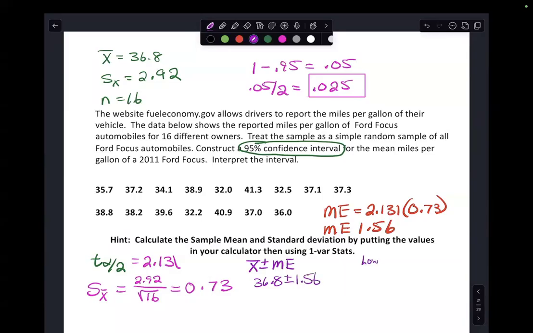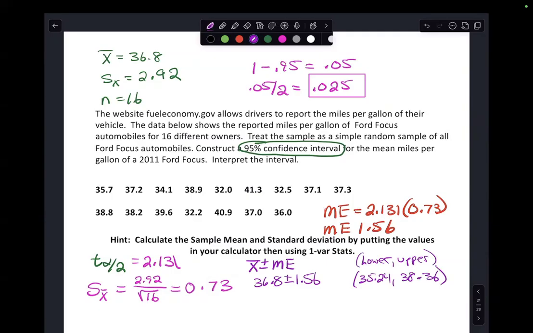Or we can do lower and upper bounds. 36.8 minus 1.56 is 35.24, and then 36.8 plus my margin of error is 38.36.